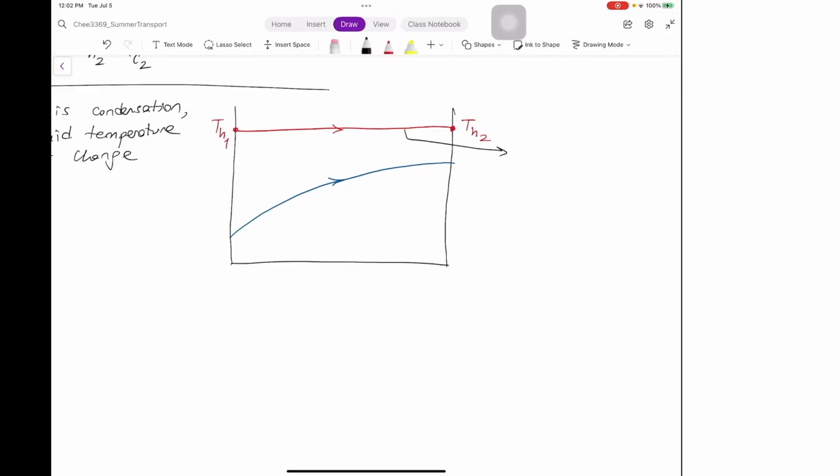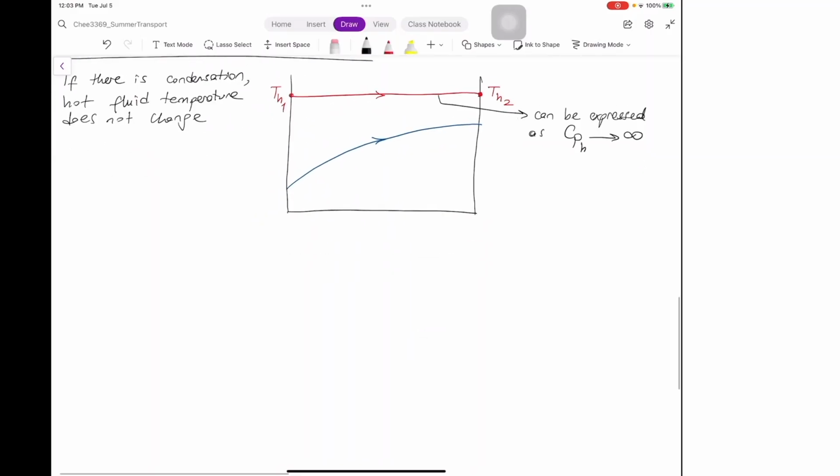So this situation can be expressed as Cp hot is very, very large, going to infinity, right? The specific heat capacity is Cp.